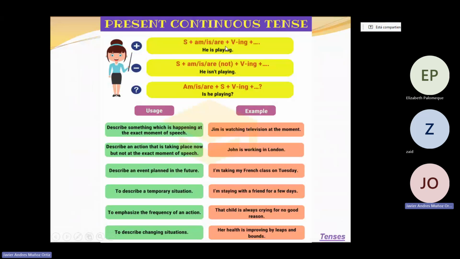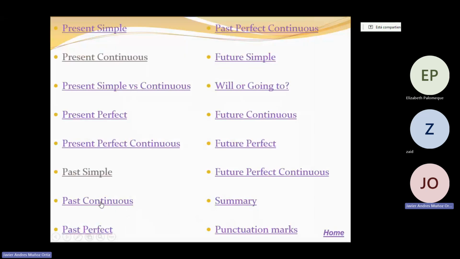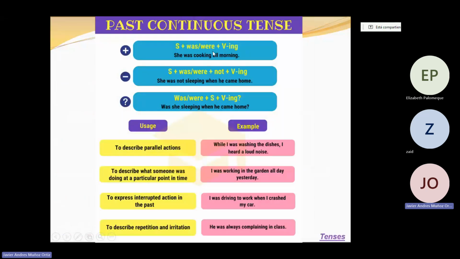Am, is, are in present, and the main verb with ing, trabajando, corriendo, escribiendo, viviendo, and so on. In past continuous tense, we are going to do something similar. The only difference between present continuous and past continuous is that we are not going to use the verb to be as am, is, or are, but instead, we're going to use the conjugation of verb to be in past.